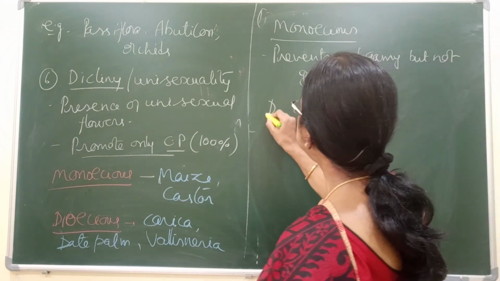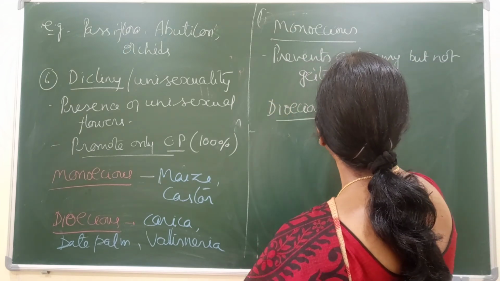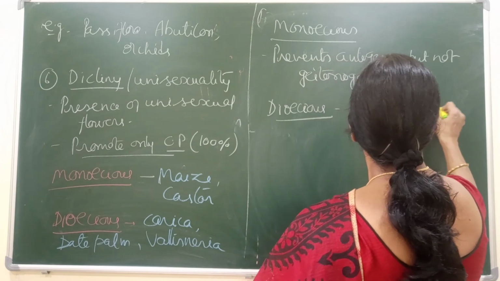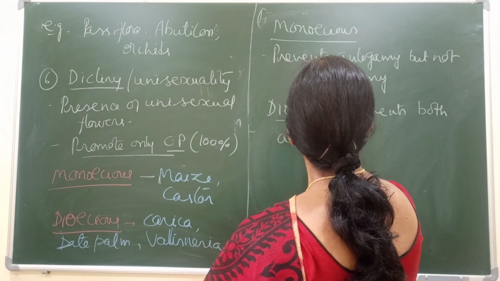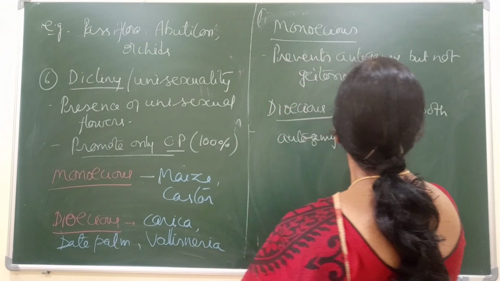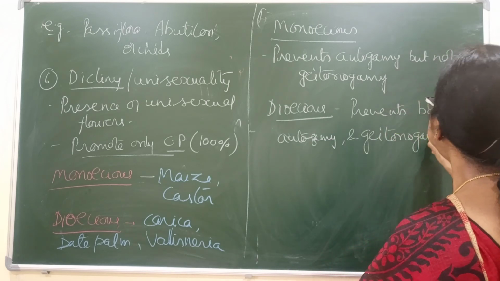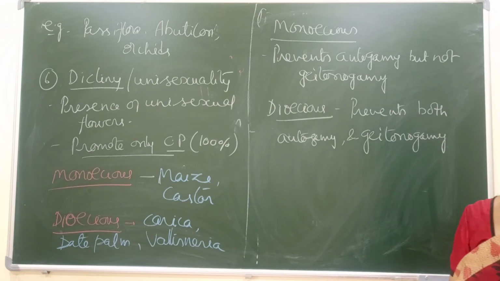Whereas if we take the dioecious condition, what does it prevent? It prevents both autogamy as well as geitonogamy. Both can be prevented.